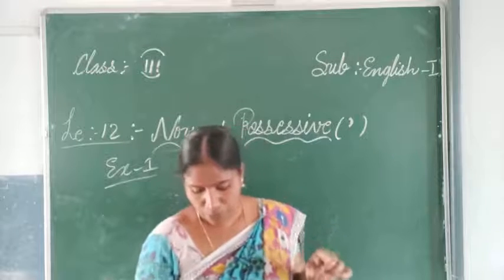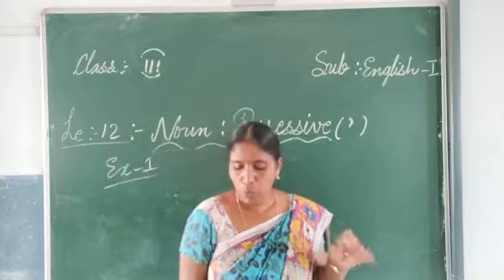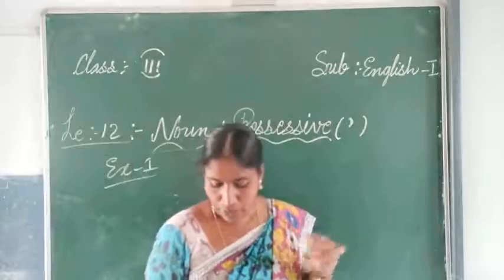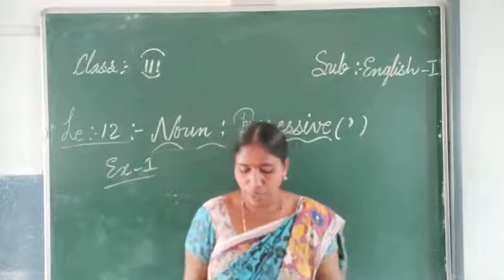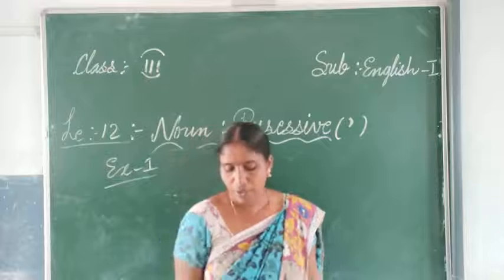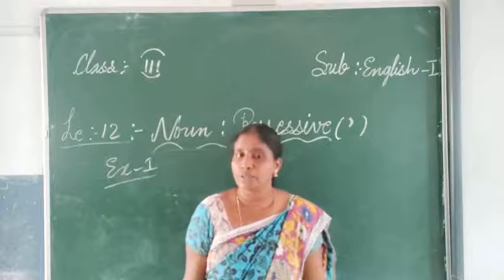Use the apostrophe to show the possessive, using the word whose. The first one: the birthday of Sheila.